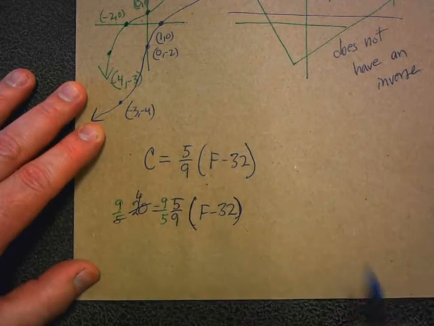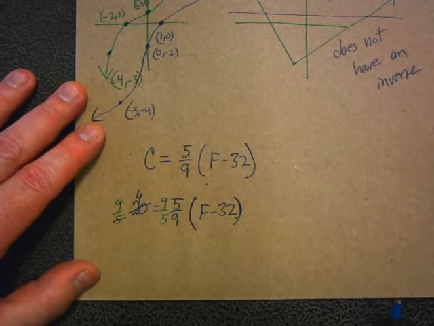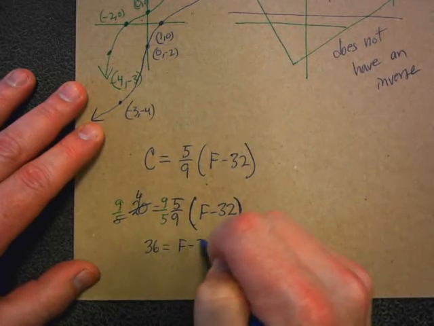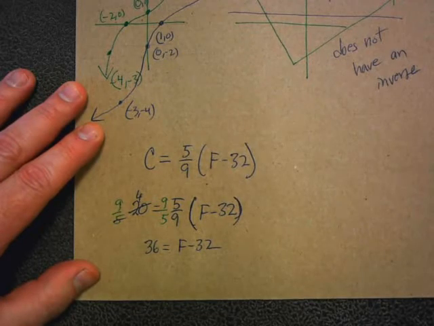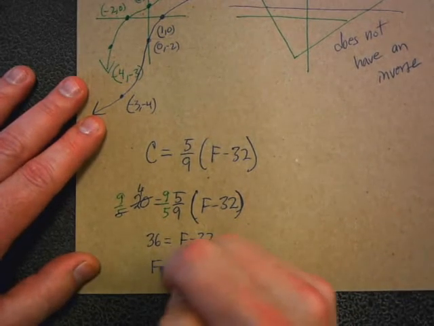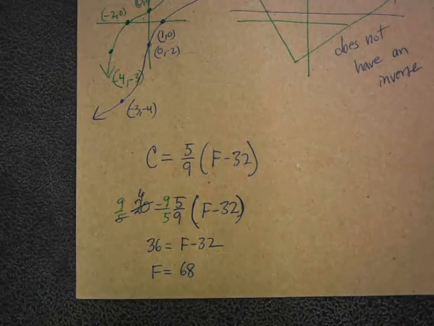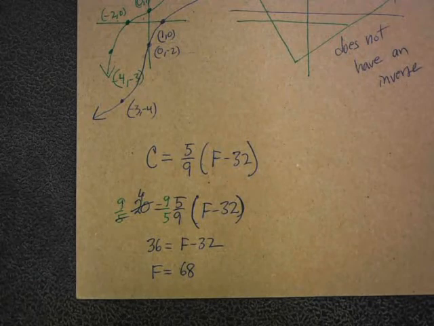You can't add 32, because the 32 is trapped inside these parentheses. I got to take away the 5/9 first. How do I take away the 5/9? Multiply by its reciprocal, multiply both sides by 9/5.